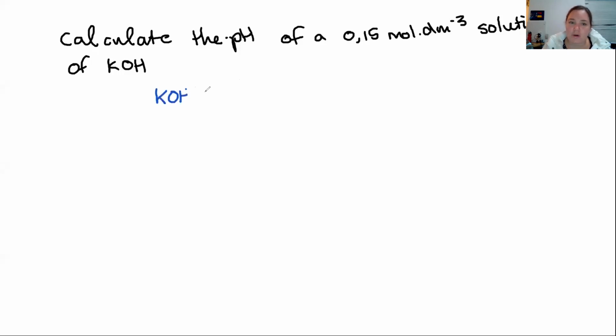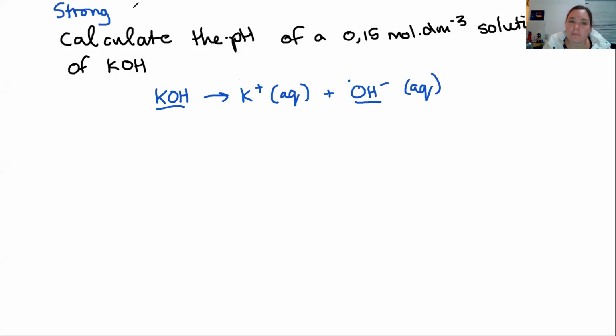So I say KOH will break apart to give me K plus, which is aqueous, and OH minus. I do this so that I can see what my ratio is of KOH to OH minus. Please, this is only once again for strong bases. It's the only way that you can assume that this is a ratio of 1 to 1.